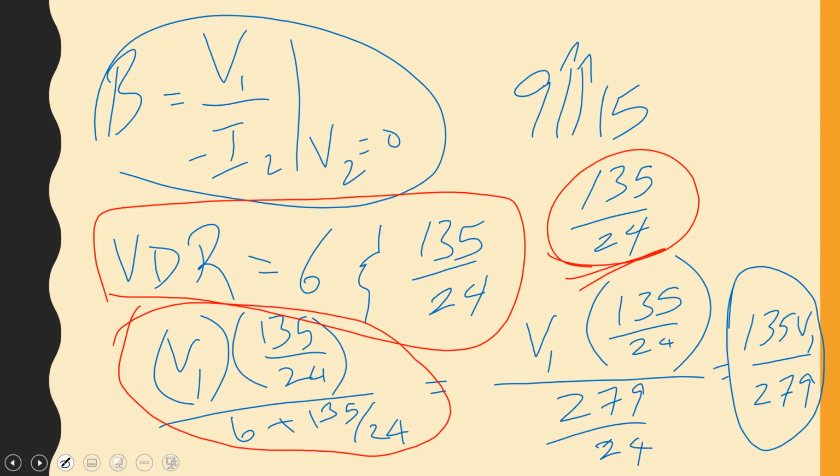So this gives me 144 plus 135, which gives us 279 over 24.